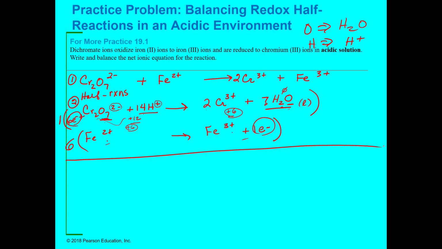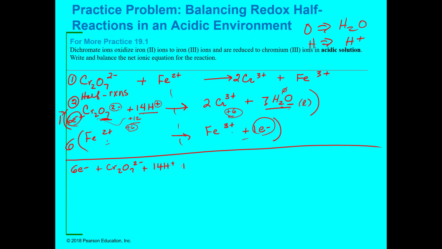All right. So now that I've done that, I'm going to very carefully rewrite my reactants on one side and my products on the other side. So I have 6 electrons. I'm starting with this one, of course, plus Cr2O7 2 minus plus 14H plus.